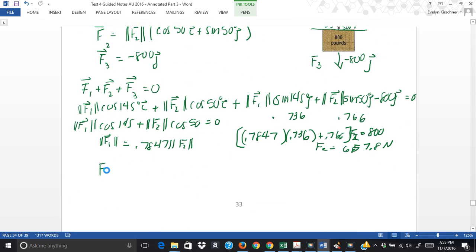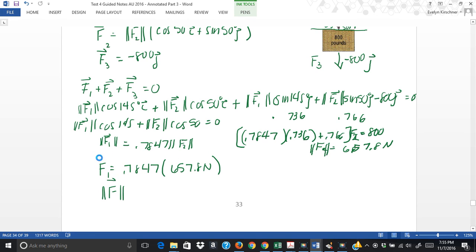So now I know F1 is 0.7847 times the magnitude of F2, which is 657.8 newtons. And that tells me that the magnitude of F1 is 516.2 newtons.